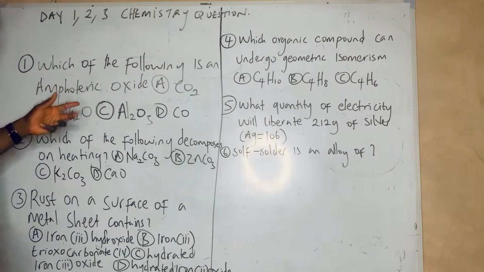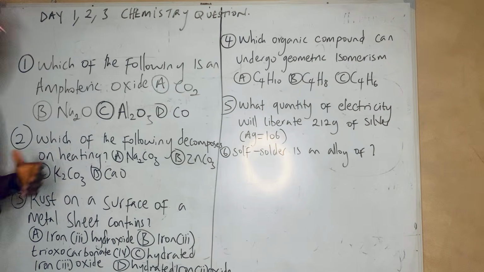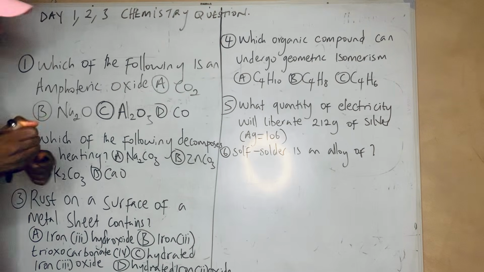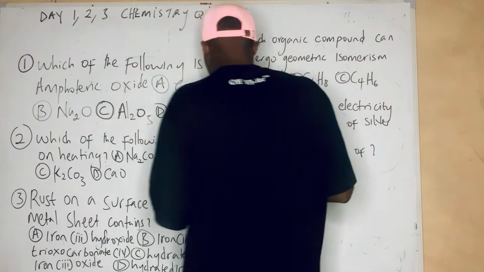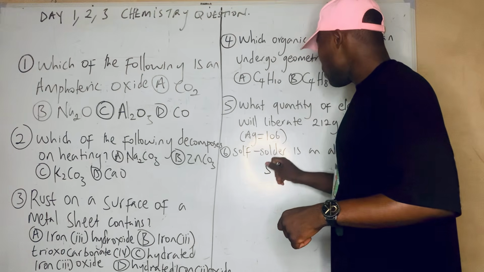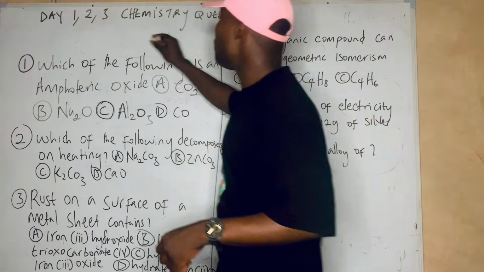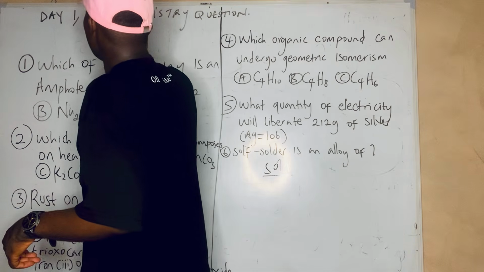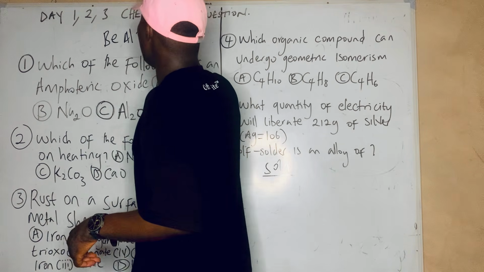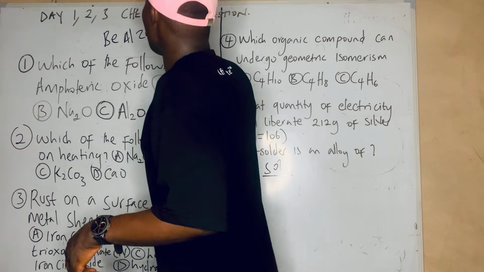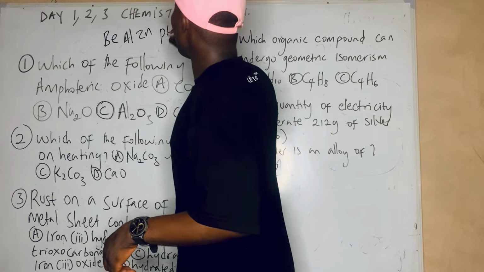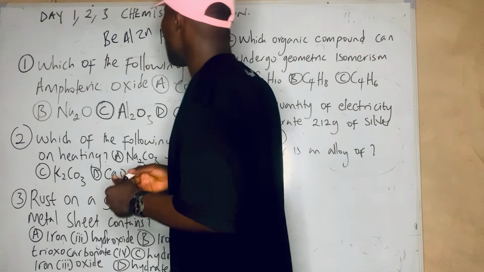which of the following is an amphoteric oxide? For our level for now, if you're writing down, amphoteric elements, we use the word BeZLAT for them. They form amphoteric oxides.